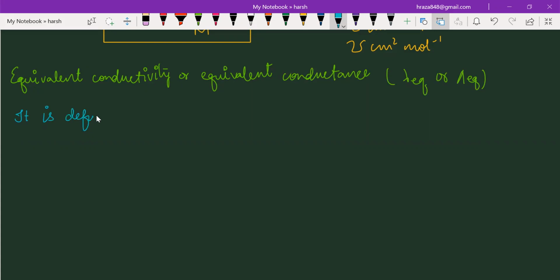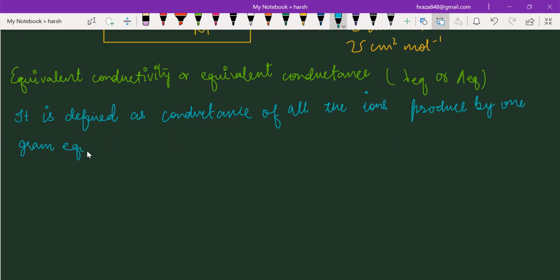It is defined as the conductance of all the ions produced by 1 gram equivalent of electrolyte in the given volume of solution.